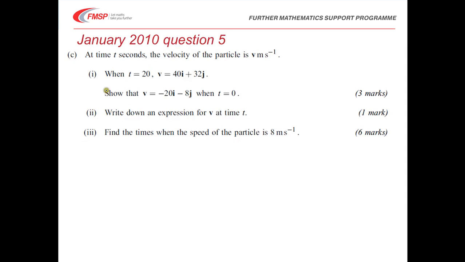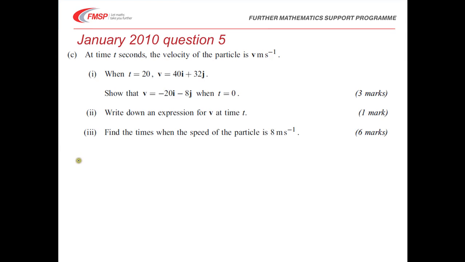So let's move on to part C. At time t seconds, the velocity of the particle is v meters per second. When t equals 20, we know that the velocity is 40i plus 32j. And we're asked to find the velocity when t equals 0. In other words, we're really being asked to find the initial velocity.